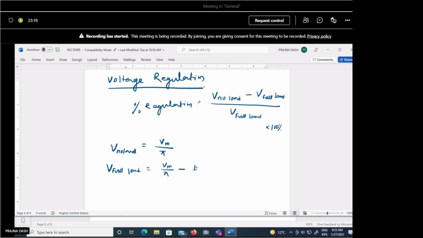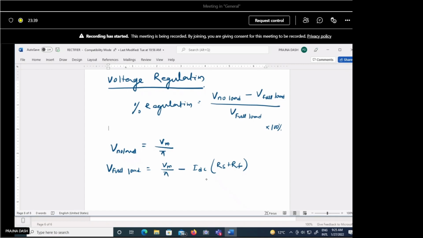In that case there will be current into the source resistance plus the forward resistance of the diode. Some voltage will be dropped across this, so the full load voltage will be less than the no load voltage. So this is the value.